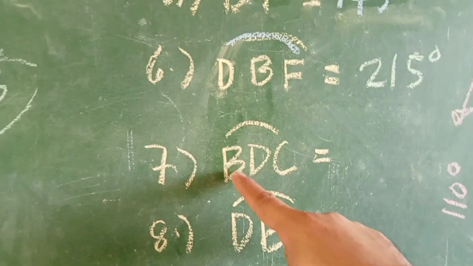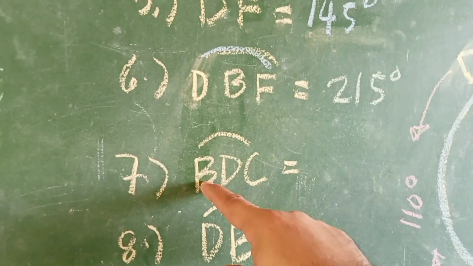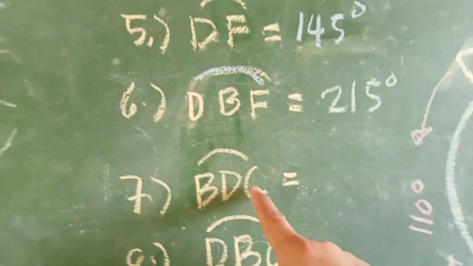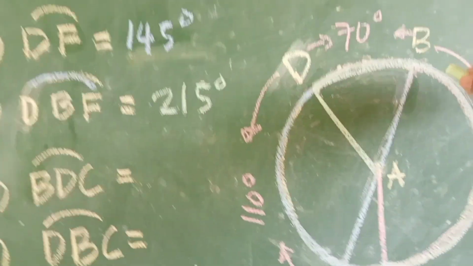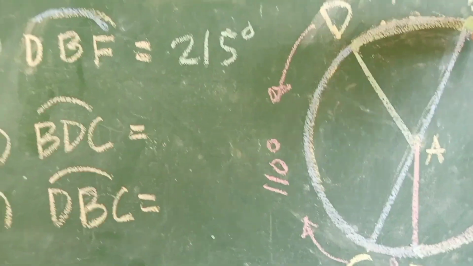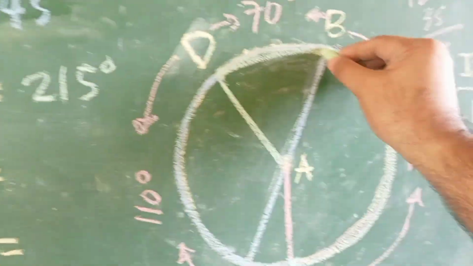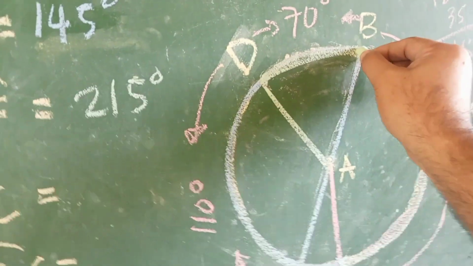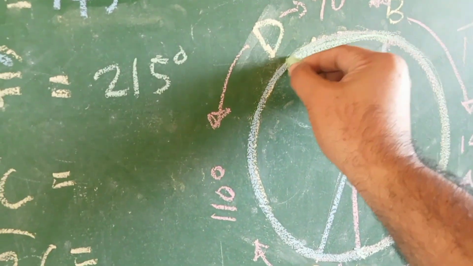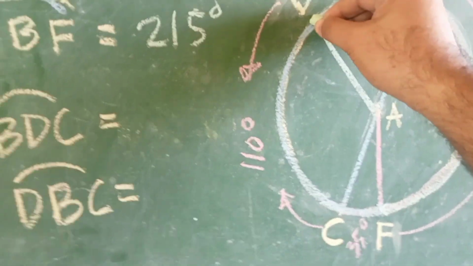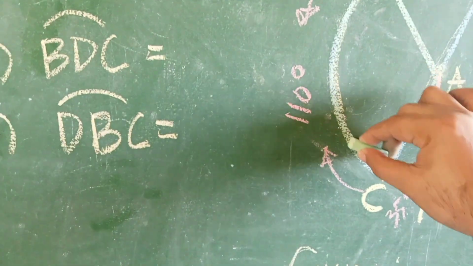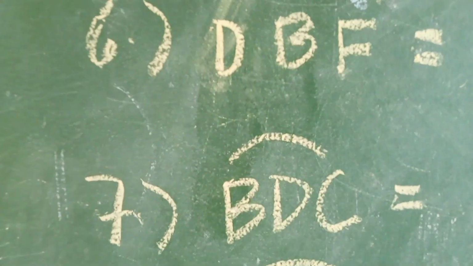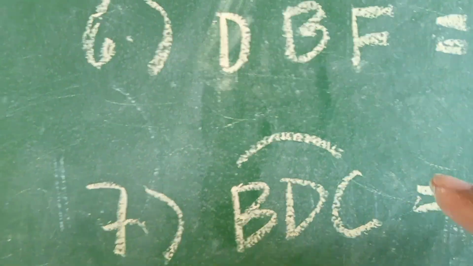So from point B passing through point D, end up at point C. So that's number 7, arc BDC.